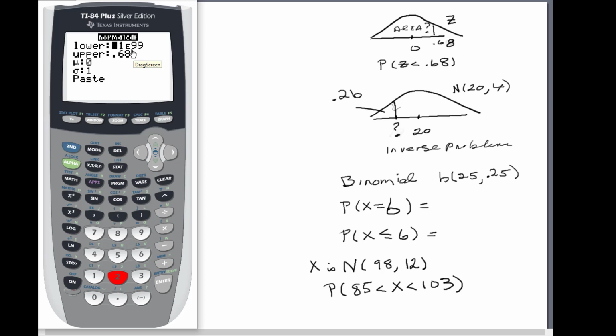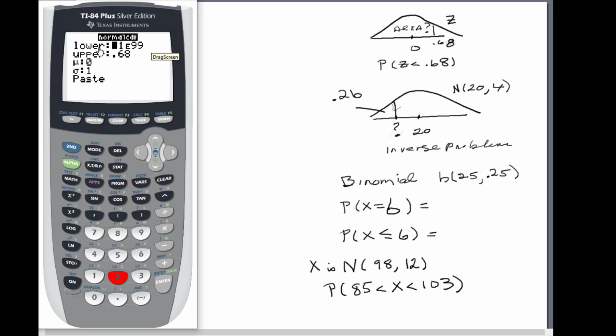So -1 times 10 to the power 99. That would be a value way off down here to the left, essentially negative infinity. So that's the way the TI-84 indicates negative infinity. Positive infinity, by the way, would be +1E99. So just keep that in mind.